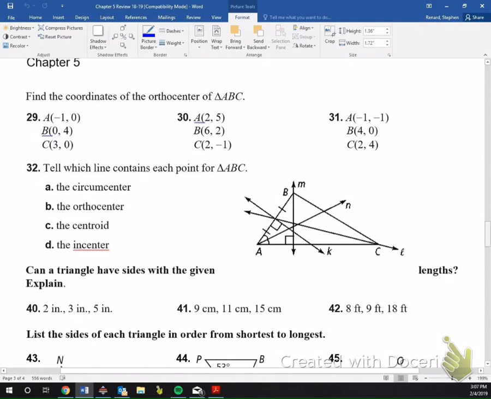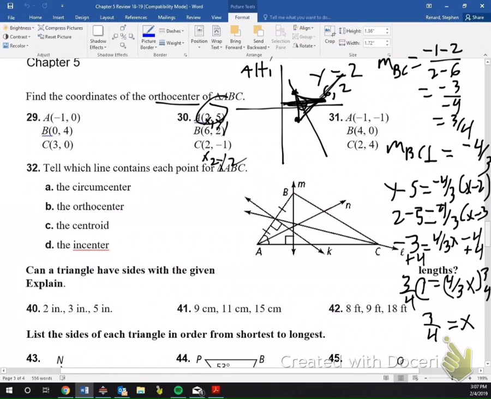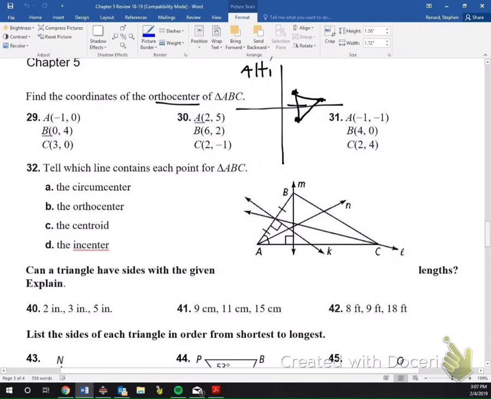So find the coordinates of the orthocenter. The orthocenter is where the perpendicular bisectors meet. Not the perpendicular bisectors, the altitudes. So the altitude goes through the vertex to the line containing the opposite side at 90 degrees.